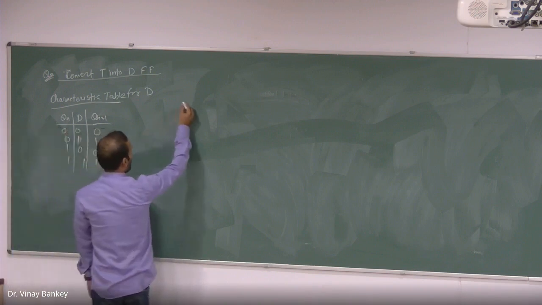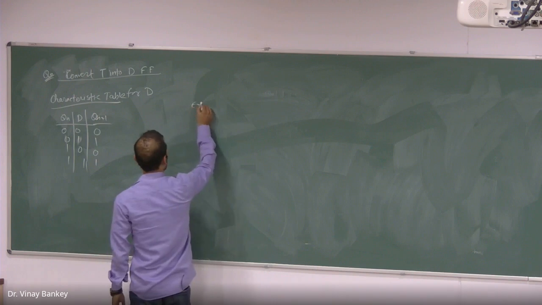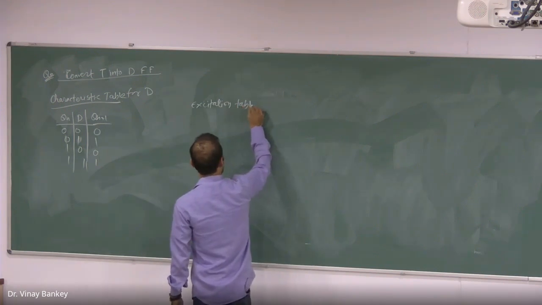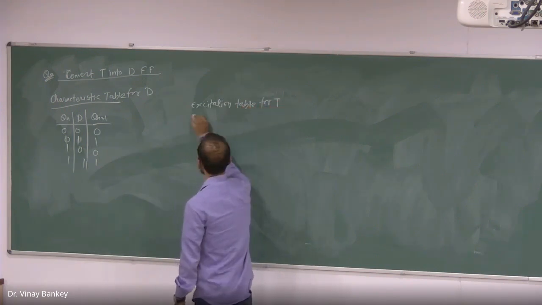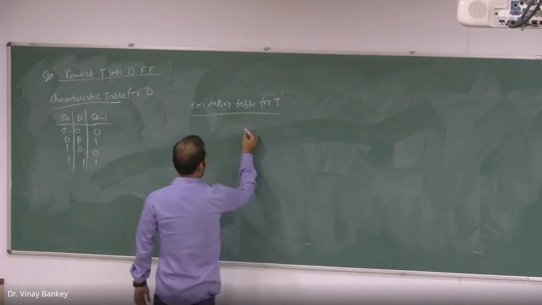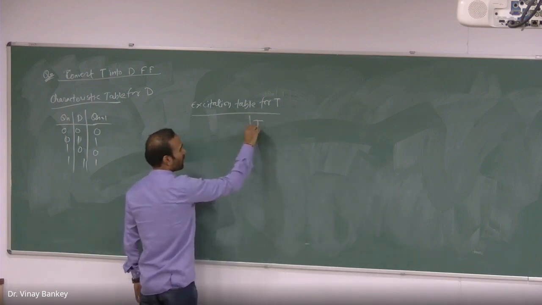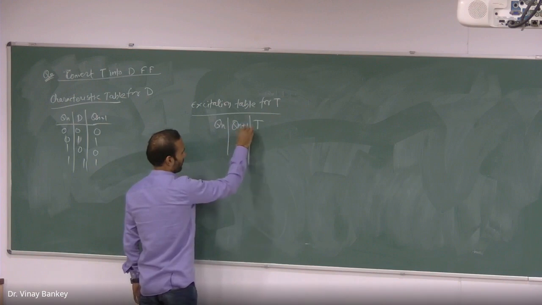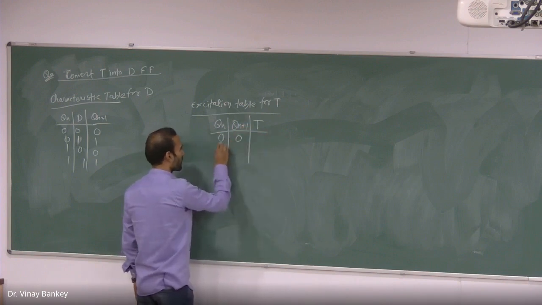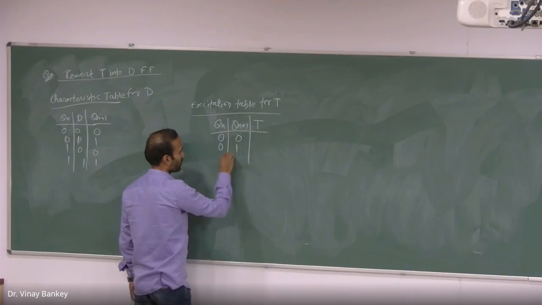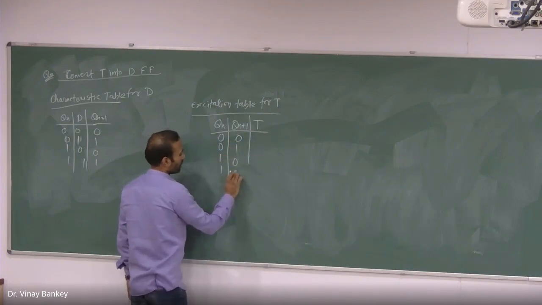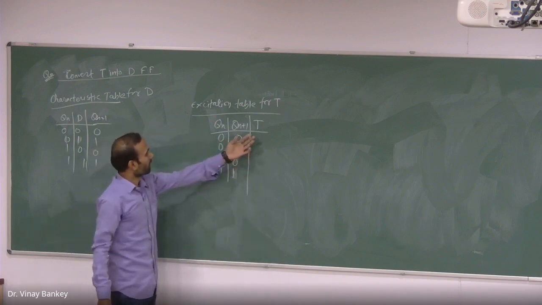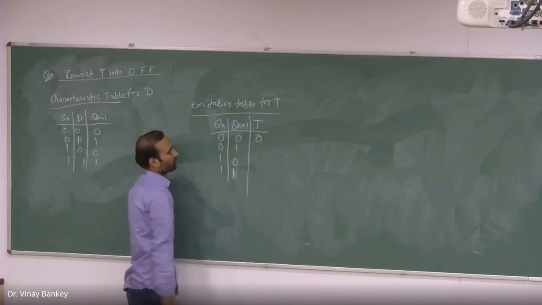Now we'll write the excitation table for T. So how will you write the excitation table? You will write in terms of the inputs, that is T and the previous stage. So there are 4 combinations of the previous one and the next one. So what will be the input at T if it was 0 and 0? It will be 0.